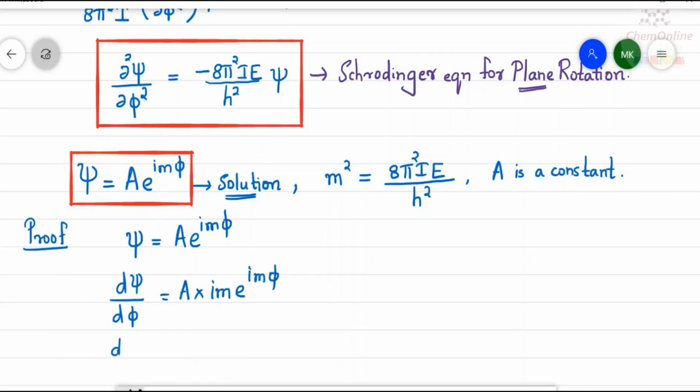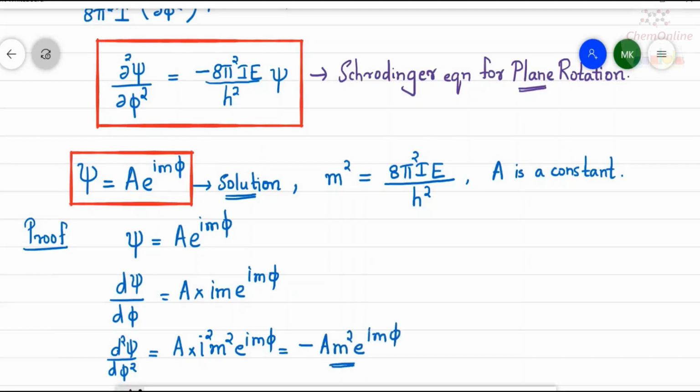Now we have to do d square xi by d phi square. So that will be equal to a into i square m square e raised to i m phi, which is equal to, the value of i square is minus 1, so this becomes minus a m square e raised to i m phi.